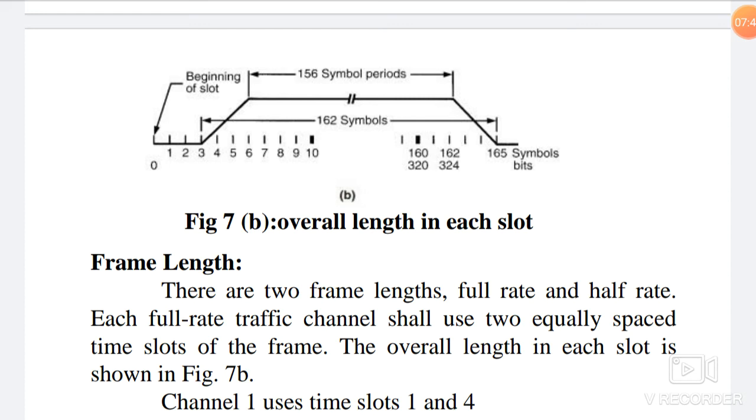Whereas each half rate traffic channel shall use one time slot of the frame. Channel 1 uses time slot 1, channel 2 uses time slot 2, channel 3 uses time slot 3, channel 4 uses time slot 4, channel 5 uses time slot 5, and channel 6 uses time slot 6, like this. So full rate uses 2 time slots at a time, but the half rate is going to use only one time slot at a time.